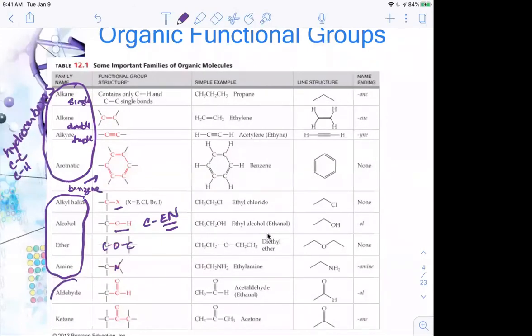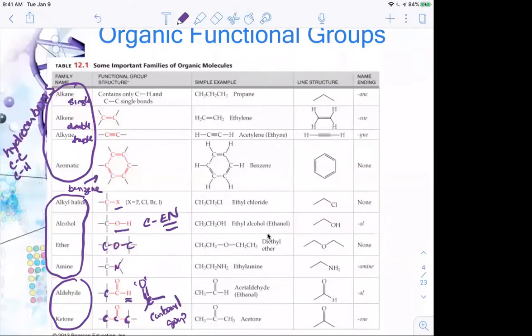These next two groups are carbonyl containing molecules. This is a carbonyl group. So when I have carbon attached to one side and hydrogen attached to the other, it's an aldehyde. If I have carbon and then another carbon attached to the carbonyl carbon, it's going to be a ketone.